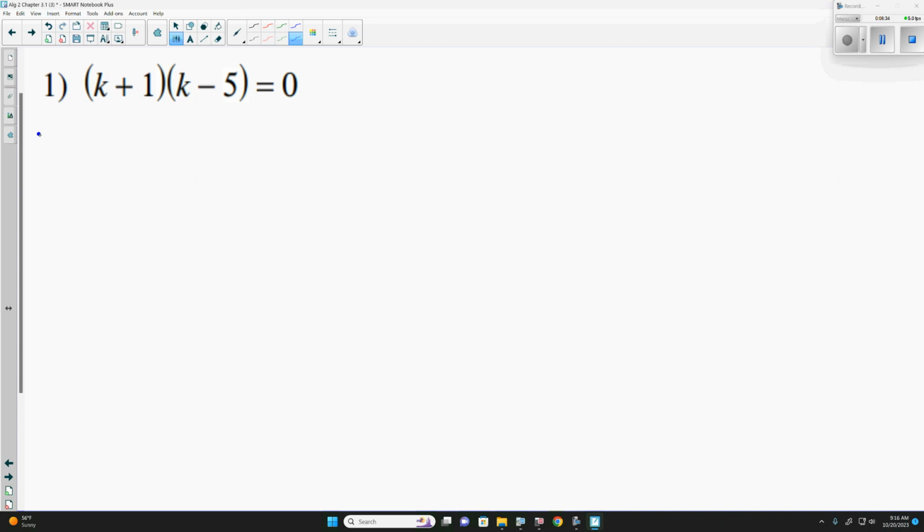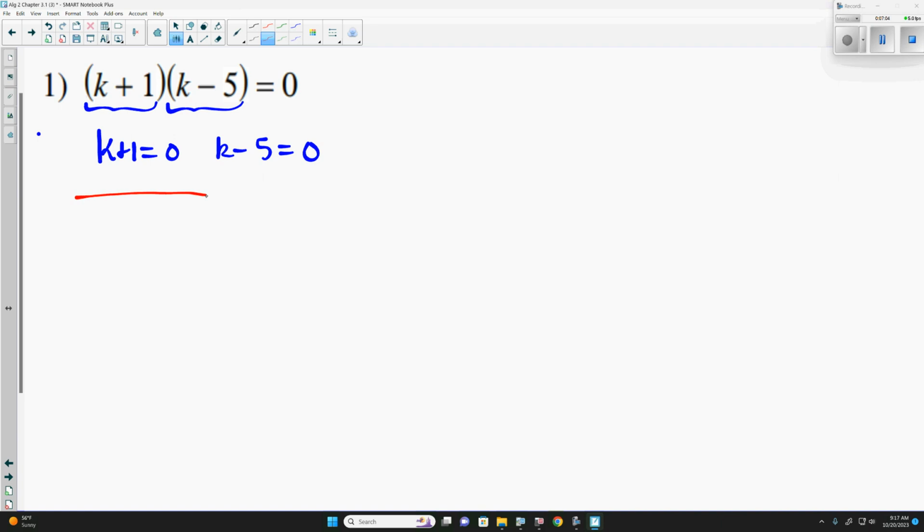And it's quite helpful, because if I have a statement like this, I have two expressions multiplied together to equal 0. It means either the first one, k plus 1, is 0, or k minus 5 is 0. One of them has to be 0. Now we could solve the first one. k plus 1 equals 0.